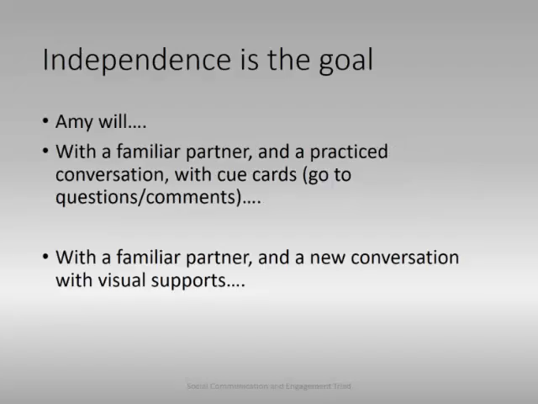Depending on the opportunities that we know we'll have with Amy, we might know that independence is the goal, but we might say Amy will be able to do this with a familiar partner in a practiced conversation with cue cards a certain percent of the time or numbers of presented opportunities, and then take it to the next level where she does it with a familiar partner but with a new conversation and still with visual supports. And then a next step might be by removing those visual supports. And so we would scaffold this success, and maybe the measures would be in each step of the objective.